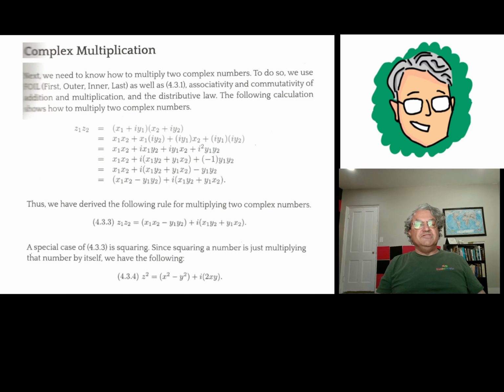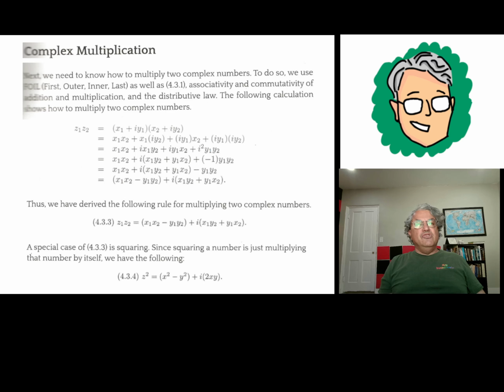Well, the first one's already simplified, x1 x2. And the next two are almost simplified. The second one I'll write as i x1 y2, because it's just nicer to put the x's first. And then the third term we can leave alone, i x2 y1.